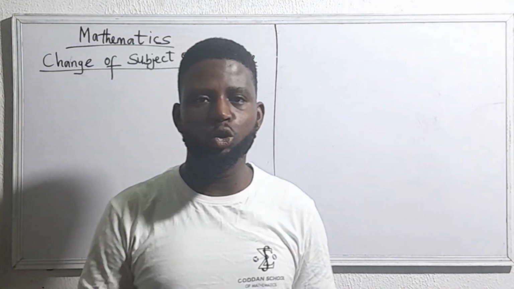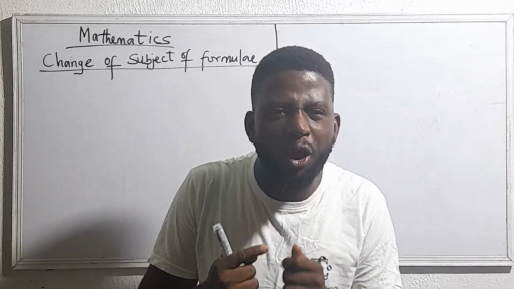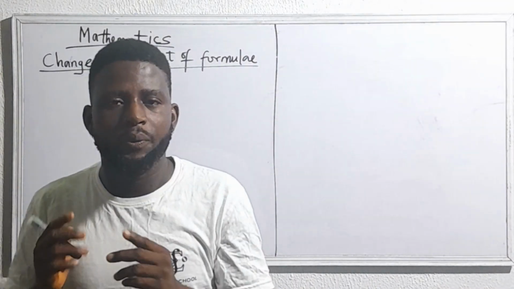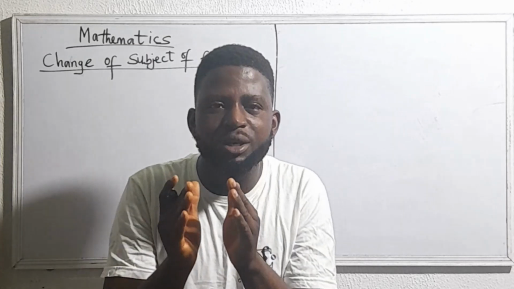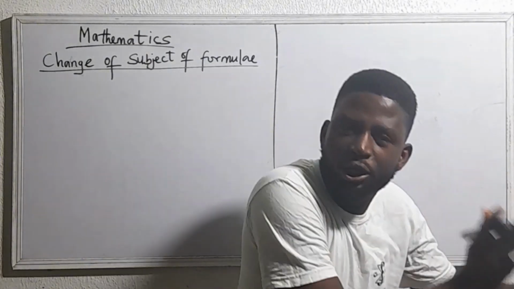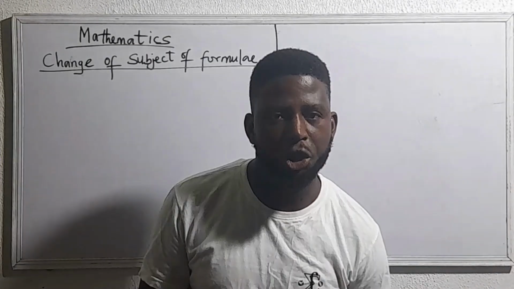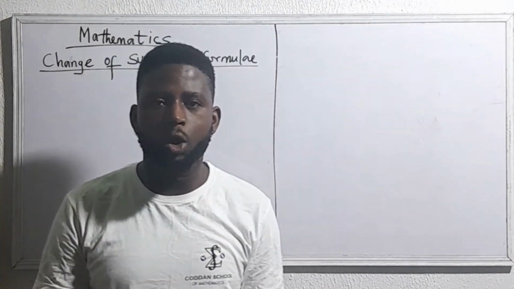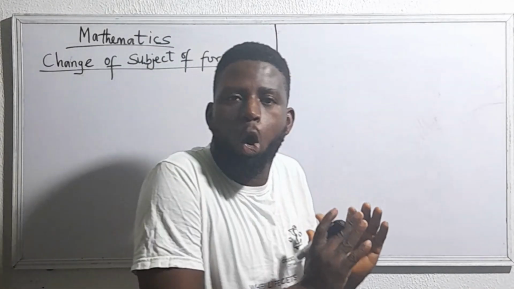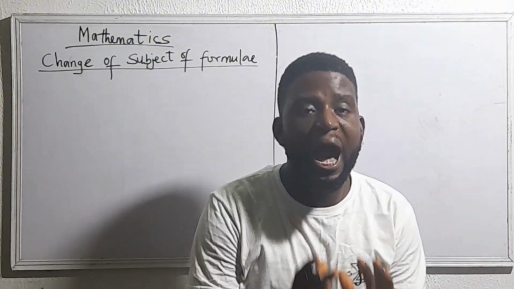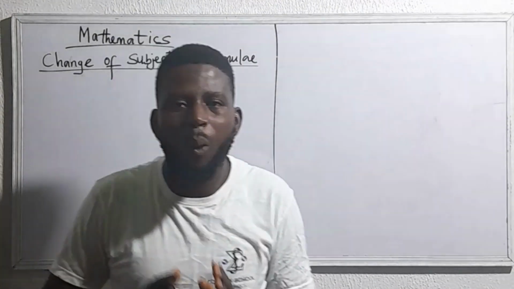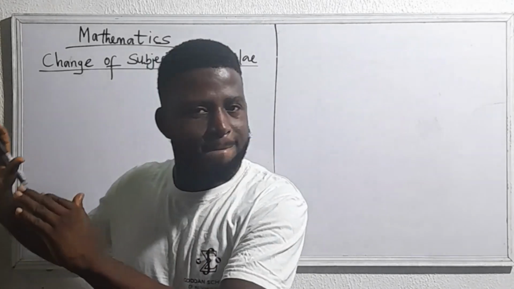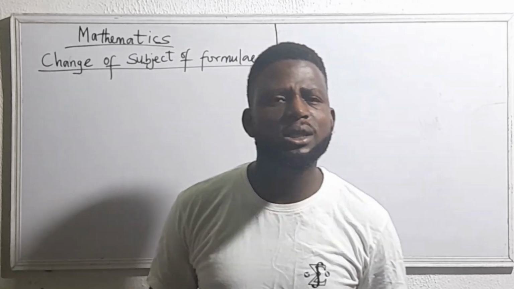Now, to do this, we think of the formula as an equation. The difference between an equation and a formula is that an equation contains one or two variables and numbers, while a formula contains many variables. What is a formula?